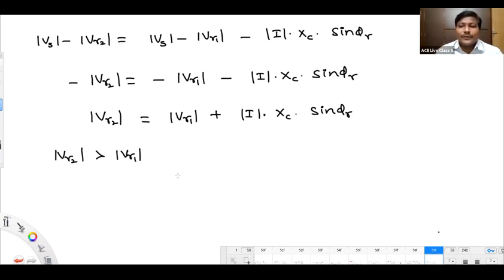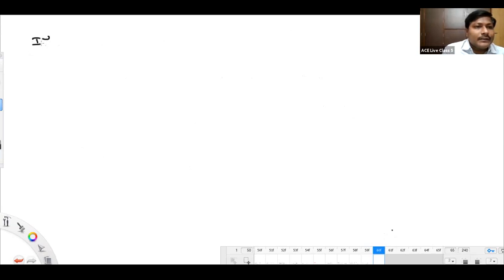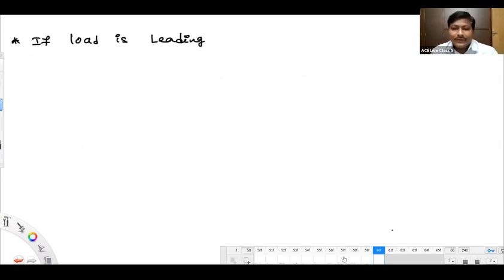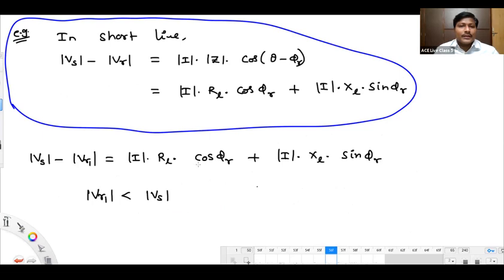Next, if you have a leading power factor load, what will happen? Very simple thing. If the load is leading in nature, how will your first equation be, Vs minus Vr1 without series capacitor placement?